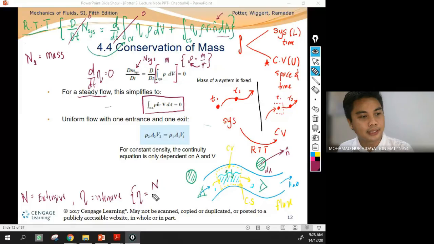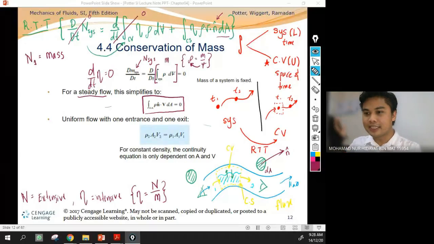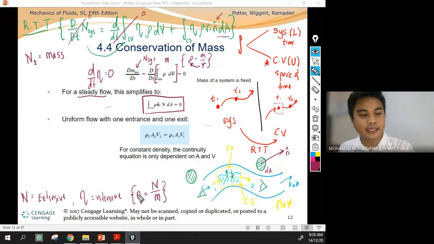Extensive property divided by mass. So that means for that property we remove the mass. So there is no property directly related to mass because we have cancelled the mass. We divide by the mass. That's why this becomes an intensive property. We don't want any property related to mass. So that's why we divide by mass. So this is the formula, right?